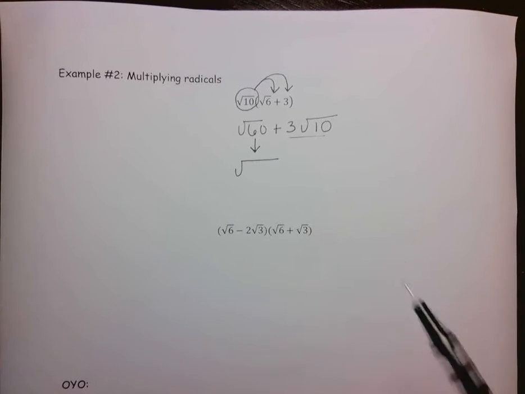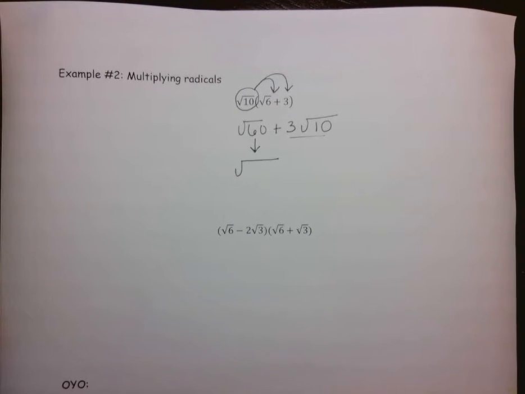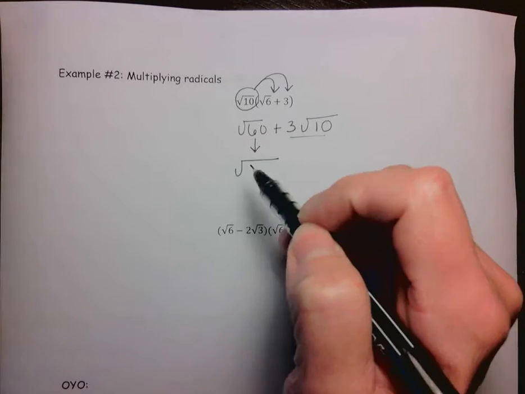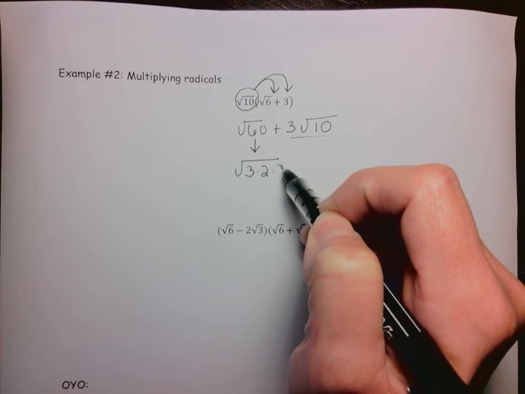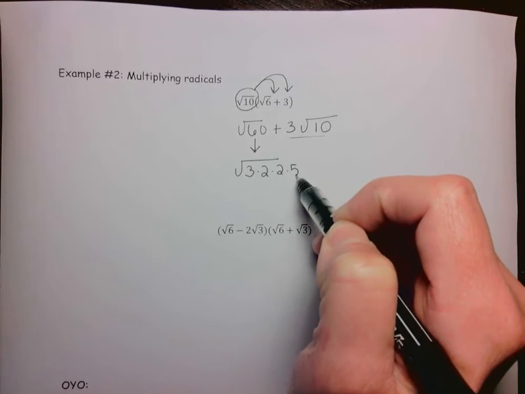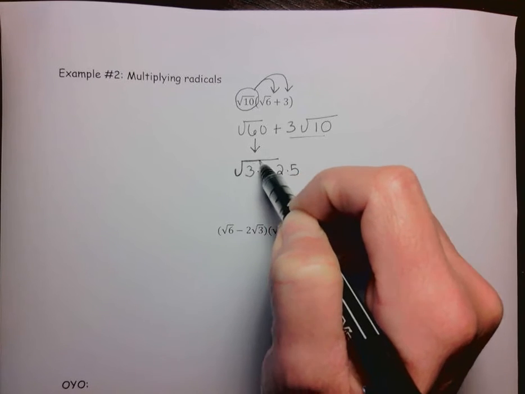The square root of 60 is the same thing as the square root of 6 times 10. That is 6. And this is 10. I broke it up into its prime factors.